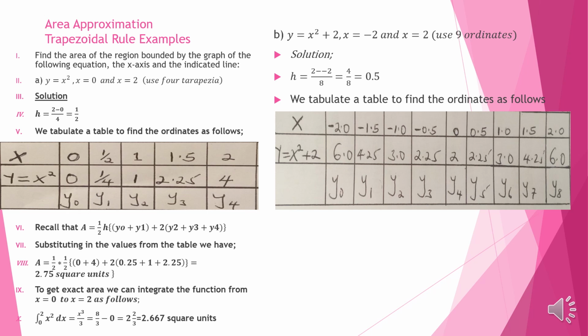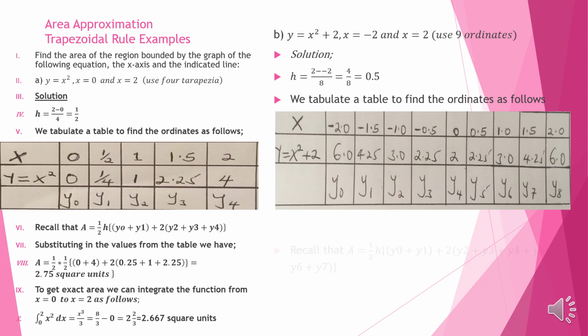We can name those heights y0 being 6, y1 being 4.25, y2 being 3, y3 being 2.25, y4 being 2, y5 being 2.25, y6 being 3, y7 being 4.25, and the last height y8 being 6.